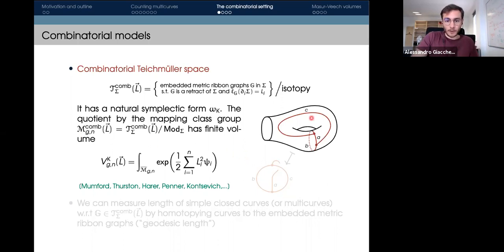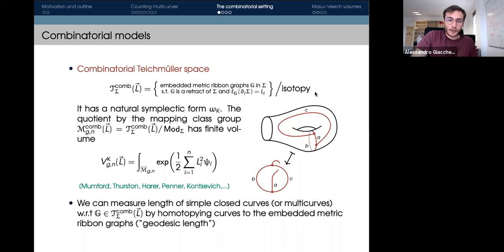So yeah, to go from the Teichmüller space to this moduli space, what you have to do is just forget the marking and you just get a metric ribbon graph. But the point of considering this Teichmüller space is that basically you can talk about the length of simple closed curves with respect to a point in this space.